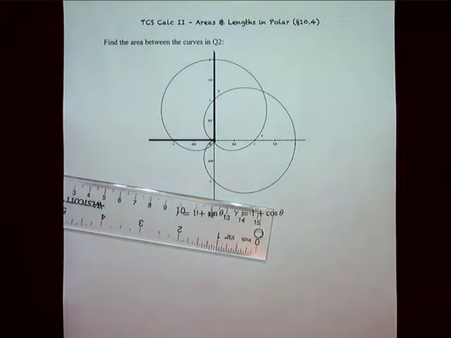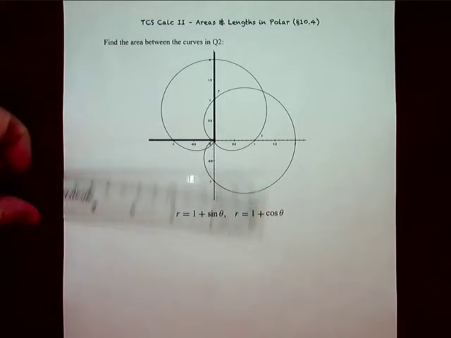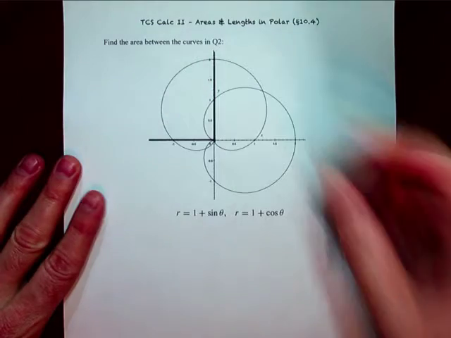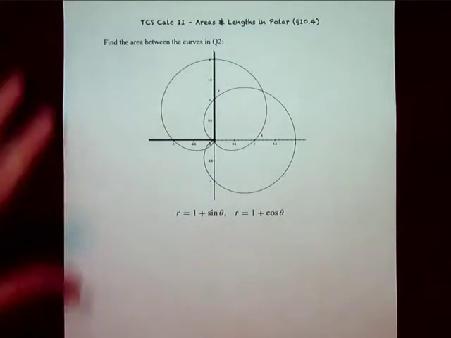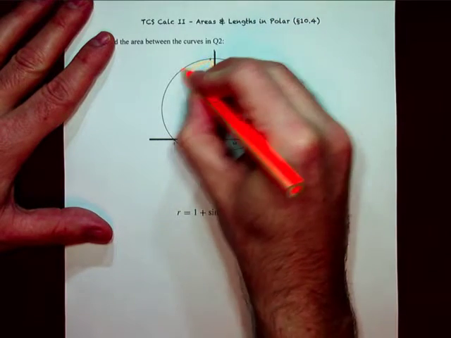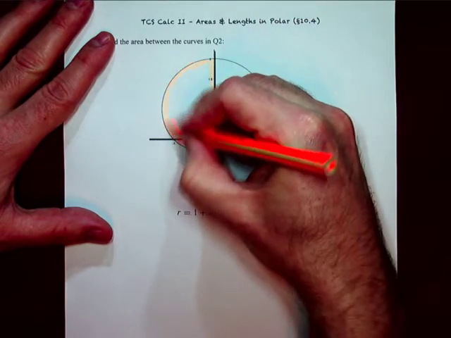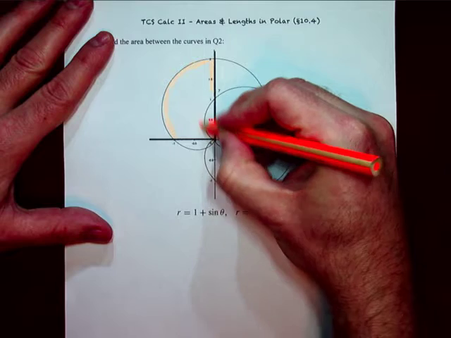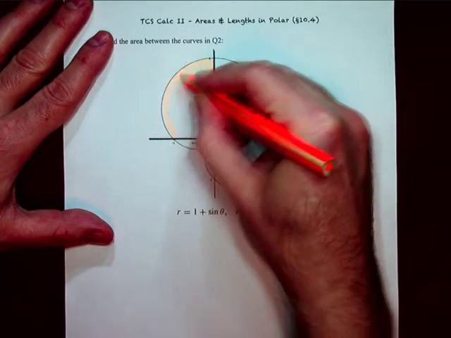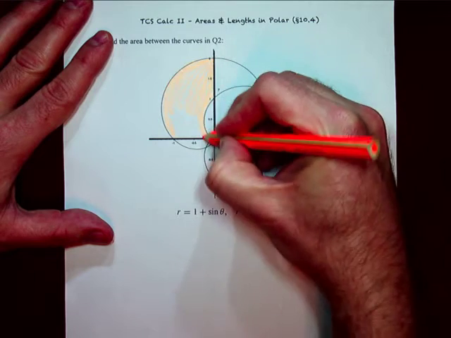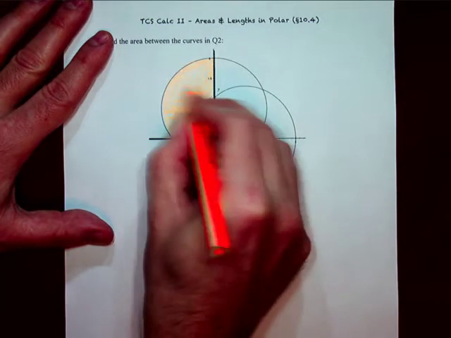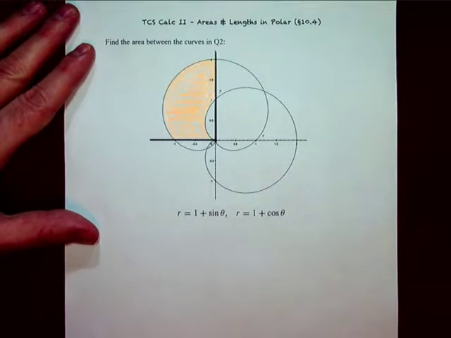And we still have to imagine the inputs sweeping out like this through that region. The area between the curves is going to be this whole area right here minus this little bit, this little, almost looks like a crescent, but not quite. So we are looking for that area right there.